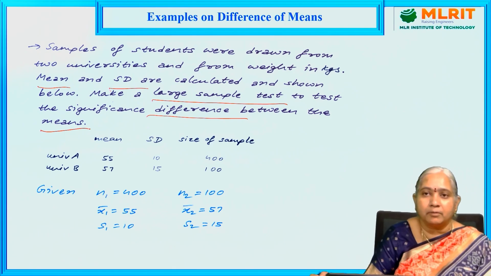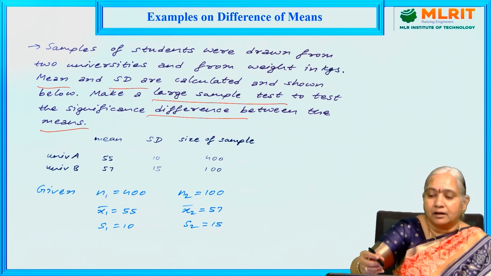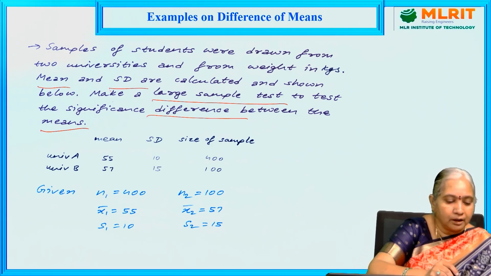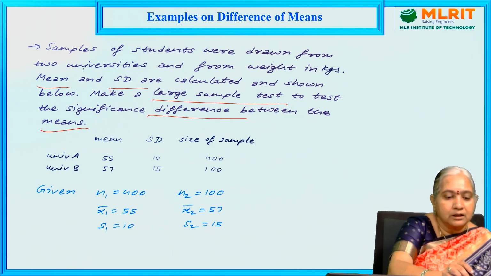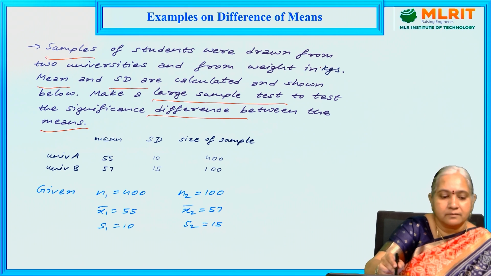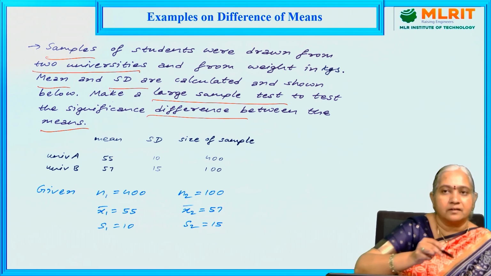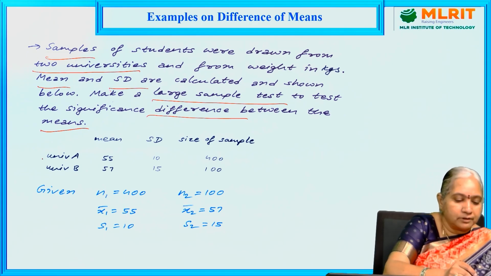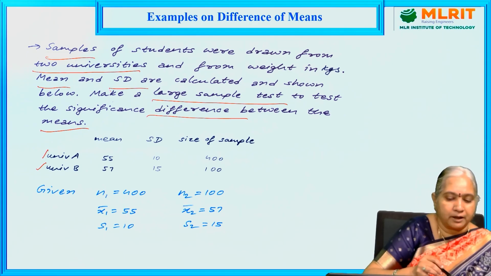Difference between the means, definitely they will give two samples data. Samples of students were drawn from two universities. Two universities means two populations and two samples. So University A and University B.